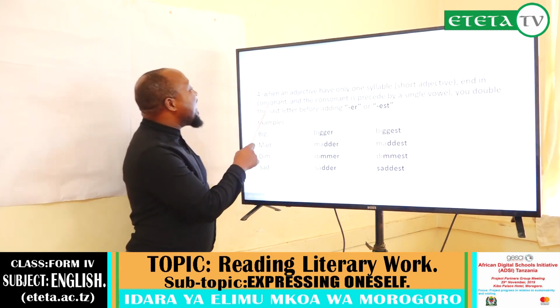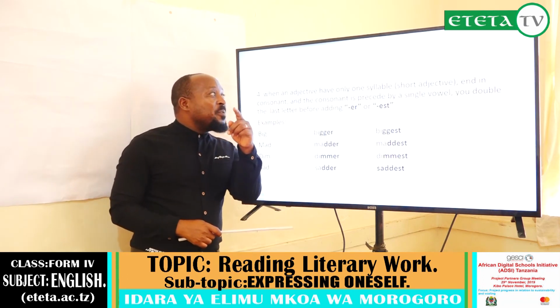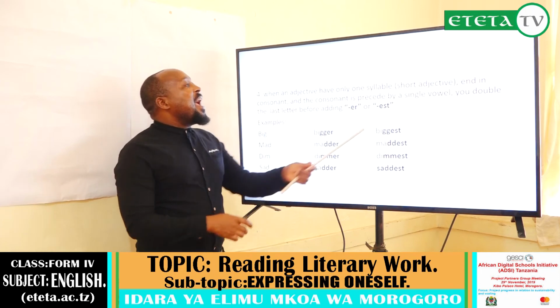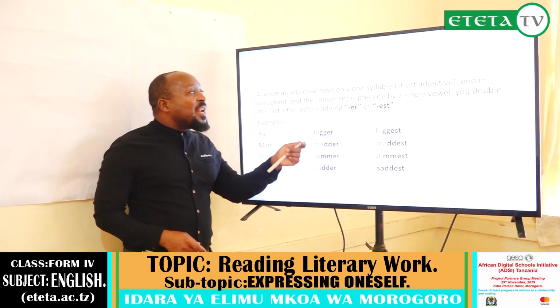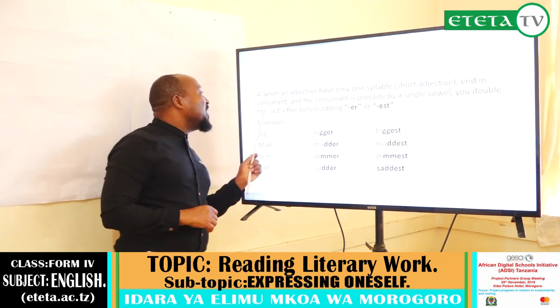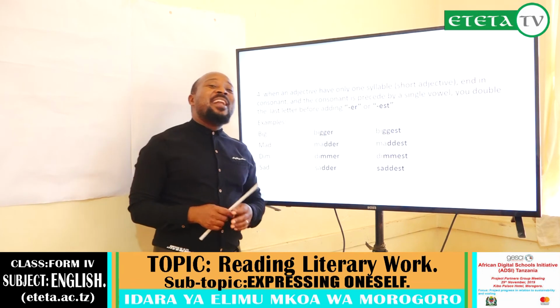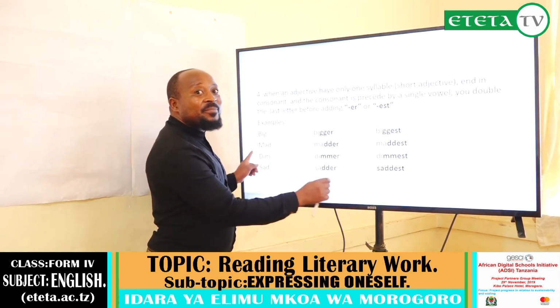That's what it is saying right here: when an adjective has only one syllable, a short adjective, and ends in a consonant, and the consonant is preceded by a single vowel, you have to double the last letter before adding ER or EST. That's what I was trying to explain here.